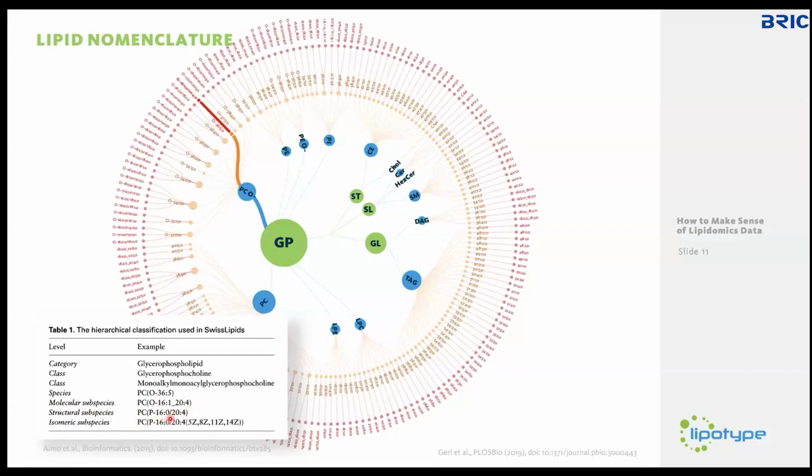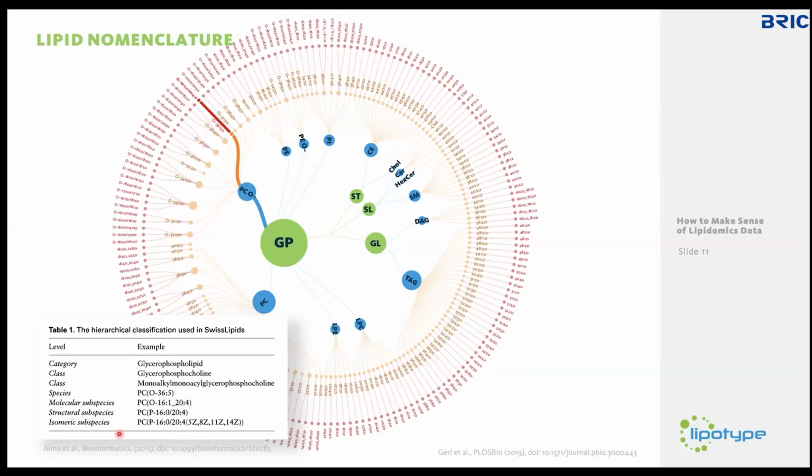If you also know the position of the fatty acids within the glycerol, so there are two, so this could be one or the other way around, then you're talking about the structural subspecies. And if, in addition, you know every position of every double bond and its conformation, so if it's an E or Z conformation, cis or trans, then this is the isomeric subspecies level.